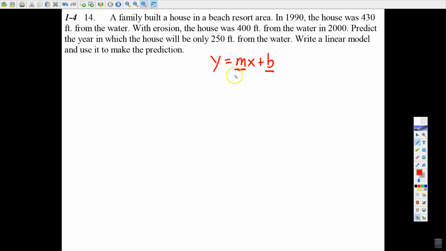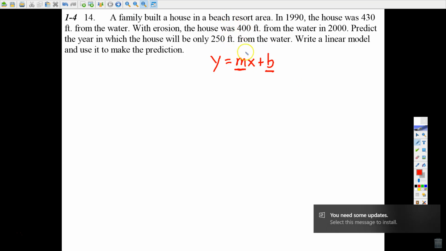Alright, so let's focus first of all on how we can get m, or slope. If we can get two ordered pairs out of this paragraph, or these three or four sentences, then that would be great, because we already know, given a couple of ordered pairs, how to find the slope.